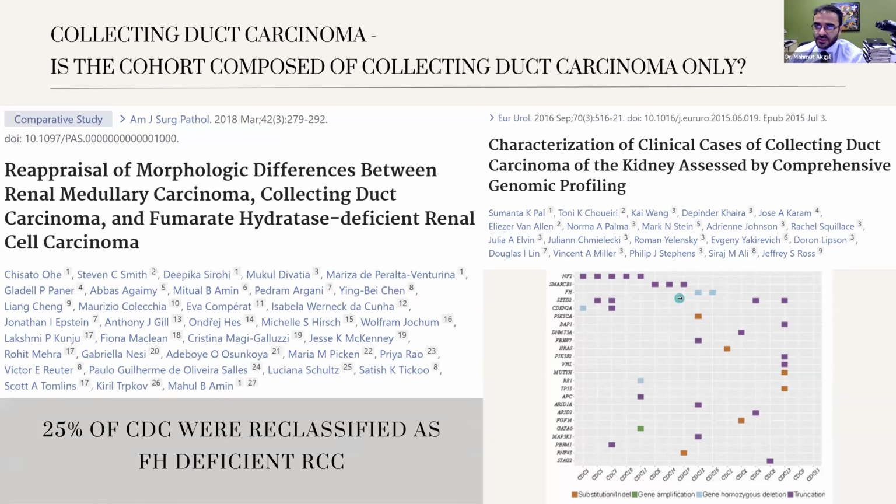In a second, an older but more genomically comprehensive study, they did molecular analysis on 15 cases, and they found that two of the cases actually had homozygous deletion of the fumarate gene, which is, I think, diagnostic for fumarate deficient renal cell carcinoma. Again, when you look at the treatment data in these very marginal entities, we should be cautious about how much contaminated these cohorts are with other entities.